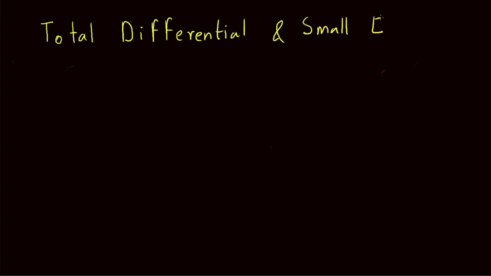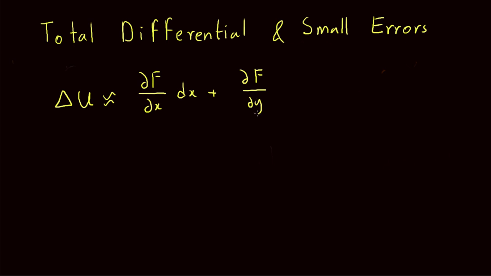All right. So if you remember the formula that we discussed during the tutorial session, it's simply delta U, where U is the estimated change of the total differential, estimated as del F del x dx plus del F del y dy.